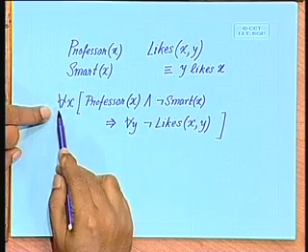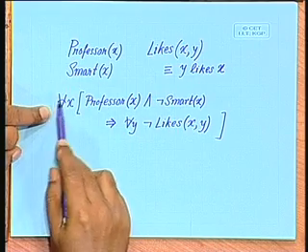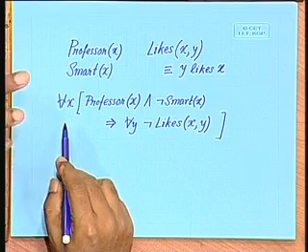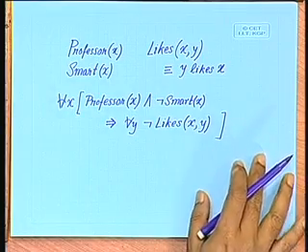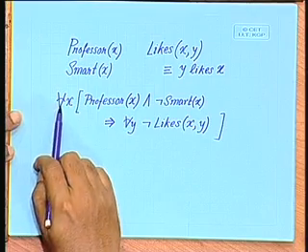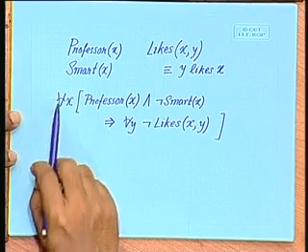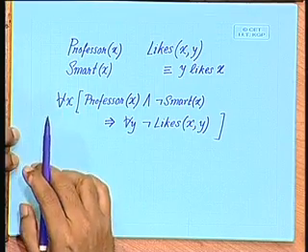So, unless you specify this, you have not completely specified the statement. But later on we will see that usually the default we will use for knowledge bases is for all x. If we do not specify anything else, we will use that. Okay.